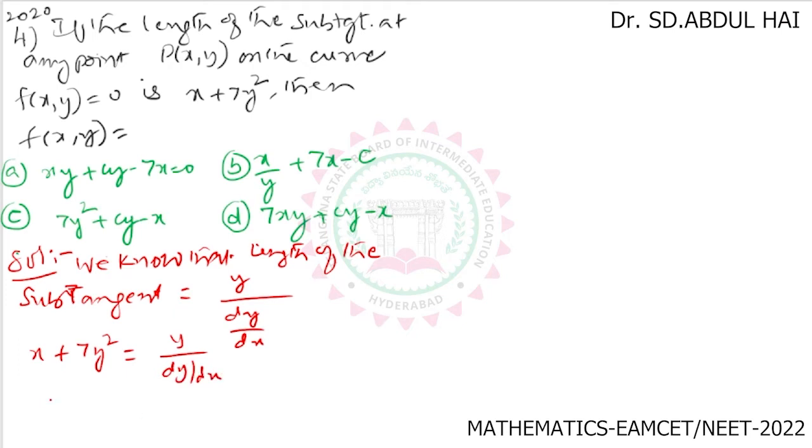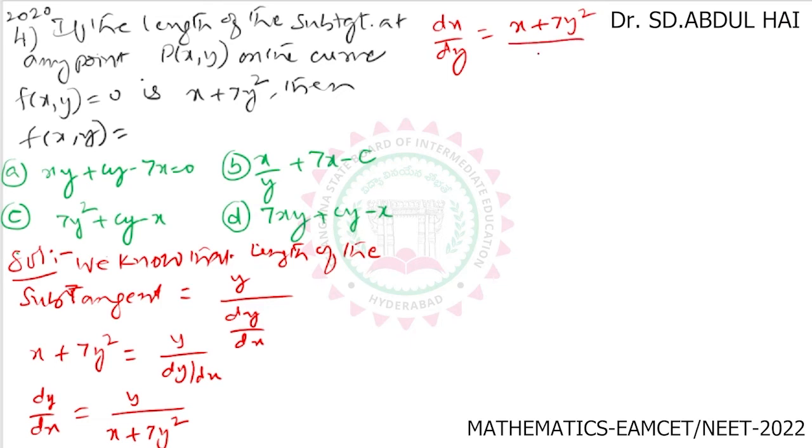If I cross multiply this, dy by dx is equal to y divided by x plus 7y square. Right? If I reverse this, it becomes dx by dy, which is nothing but x plus 7y square by y. So if I divide this with y, then I can write this as dx by dy.